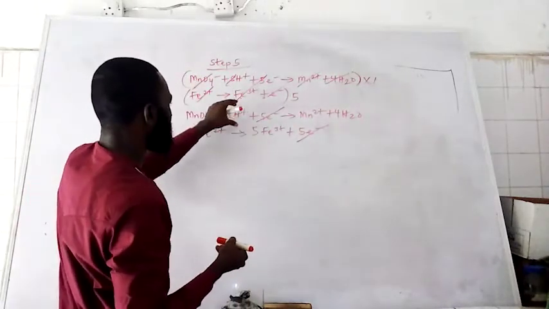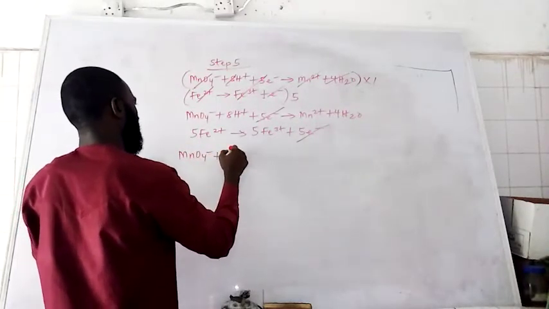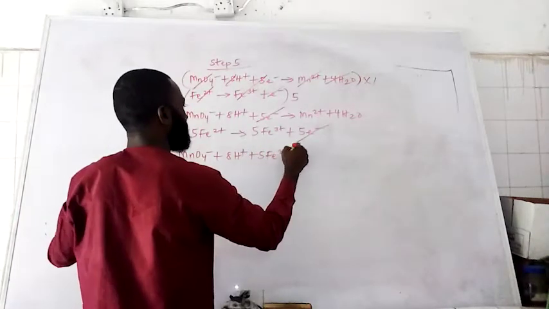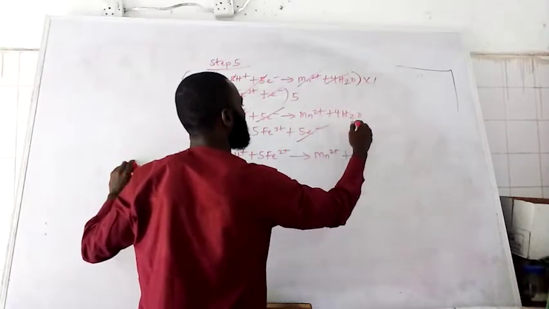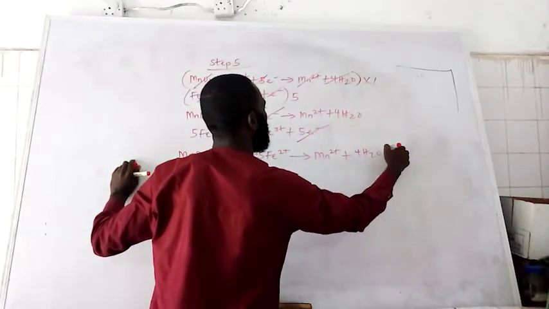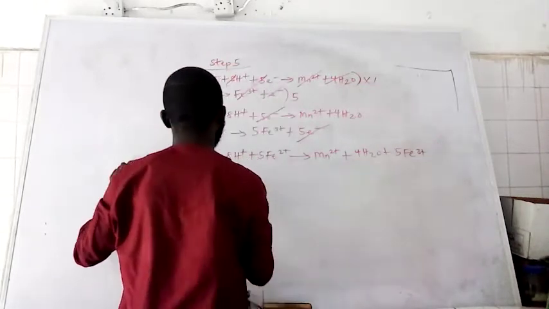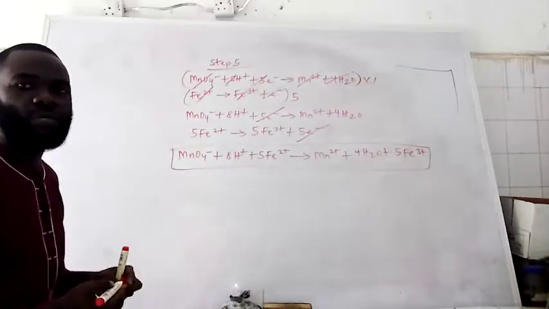Then I'm going to write this as MnO4- plus 8H+ plus 5Fe2+, yielding Mn2+ plus 4H2O plus 5Fe3+. So this is the balanced equation in acidic medium.